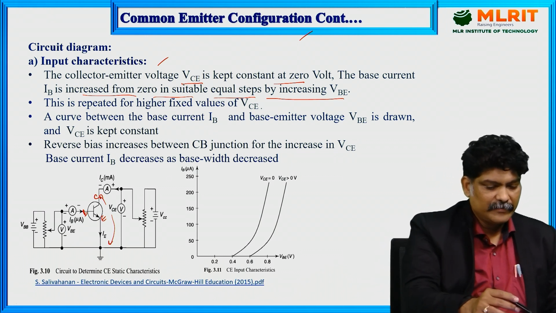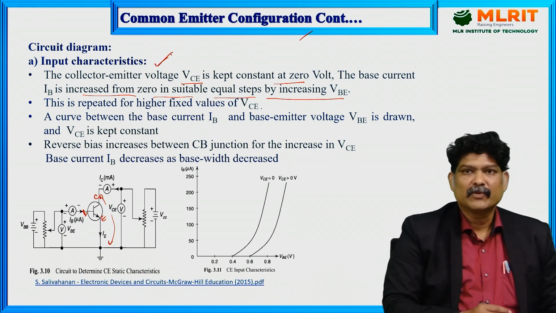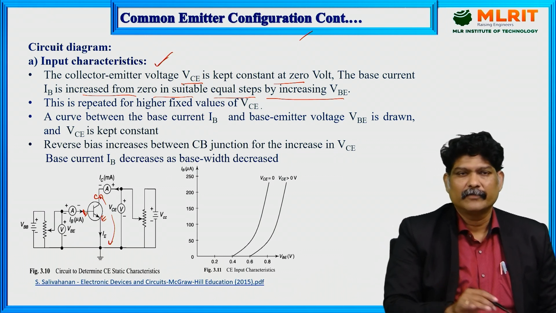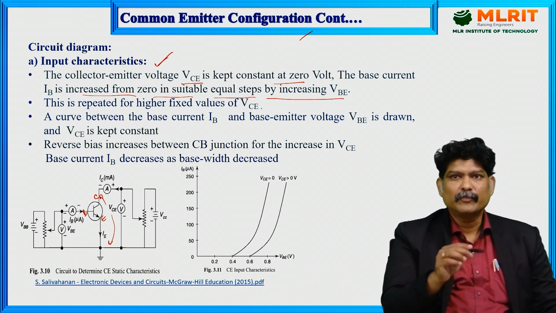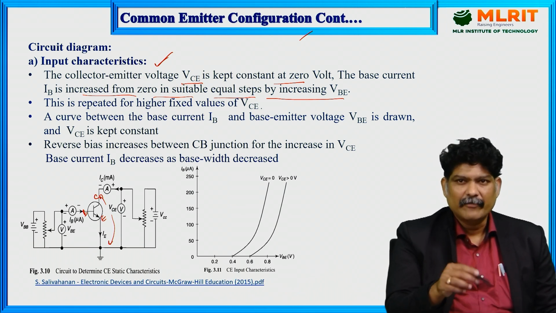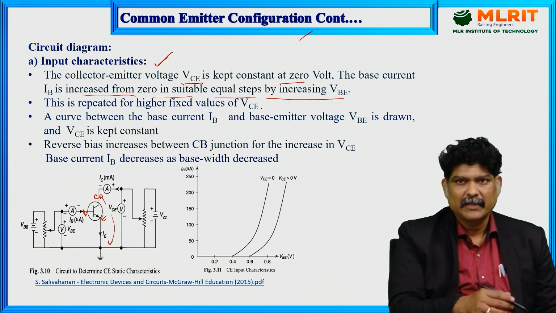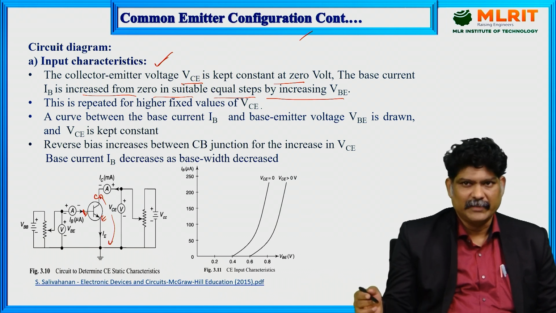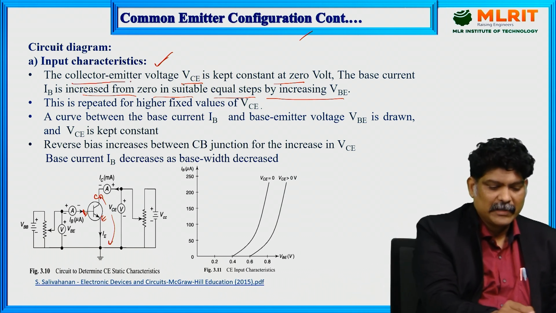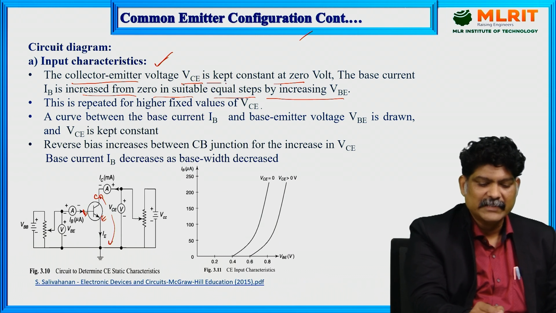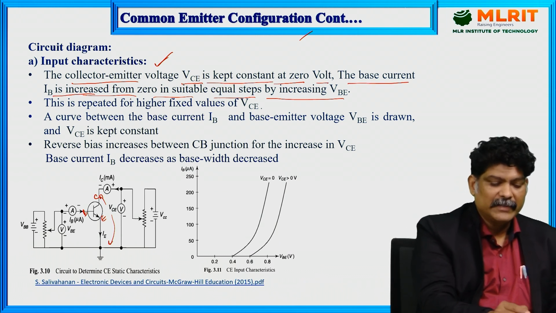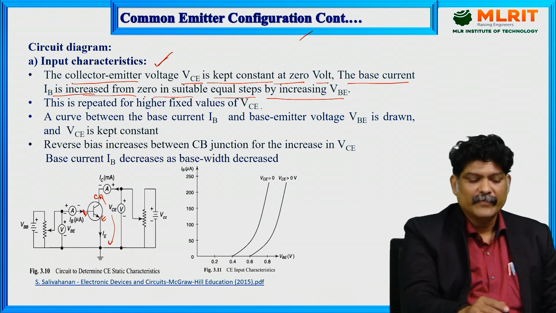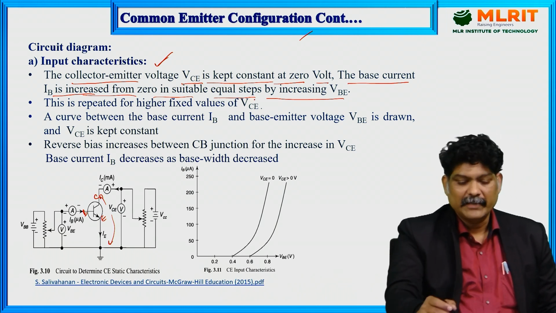Let us first see the input characteristics. In the CE configuration, the input characteristics is a graph drawn between input parameters by fixing the output voltage VCE. The collector emitter voltage VCE is kept constant at 0 volts, and the base current IB is increased from 0 in suitable equal steps by increasing VBE.